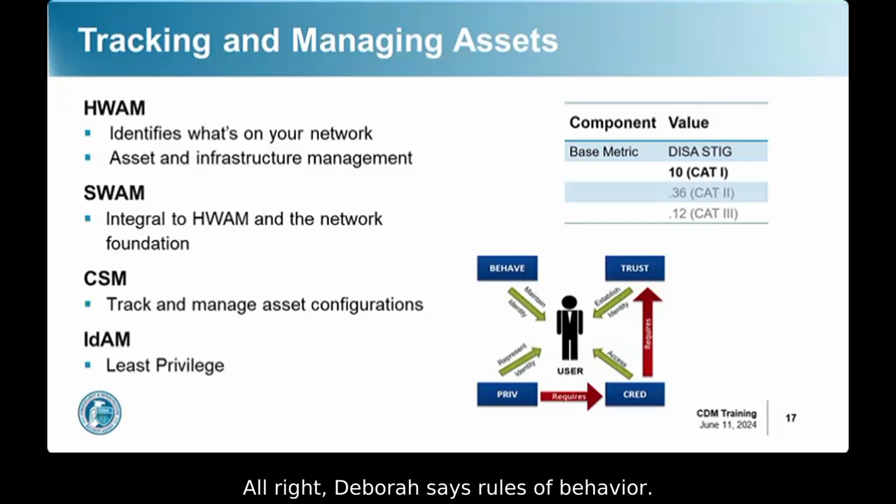All right, Deborah says rules of behavior. Nicole, rules of behavior. All right, what else? Anything else? Training. All right. Policy, rules of behavior, training that's done each year. Okay. Monthly newsletters. Oh, wow, interesting. Okay. User agreement and training.